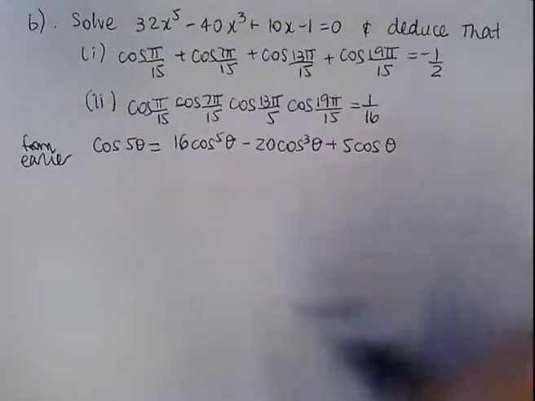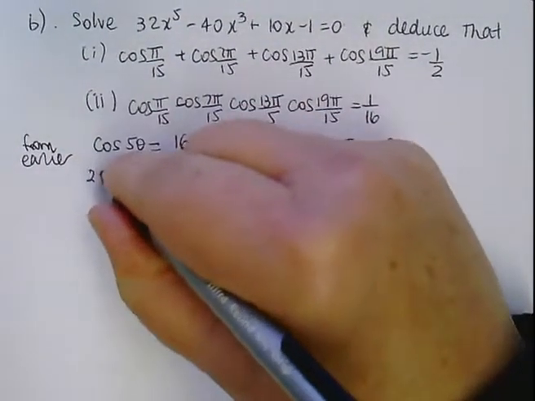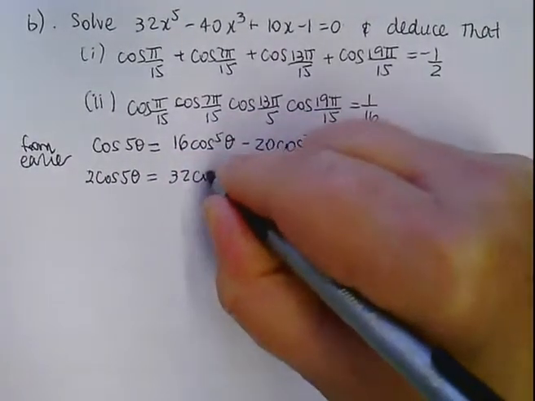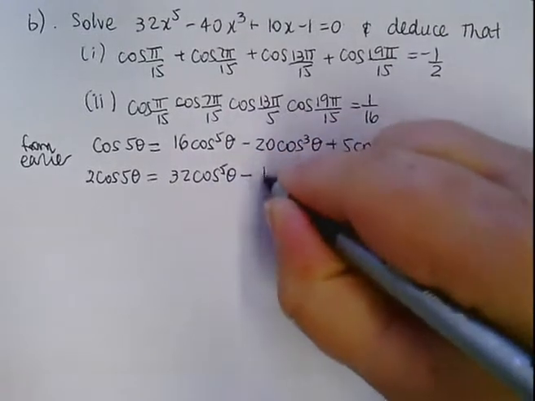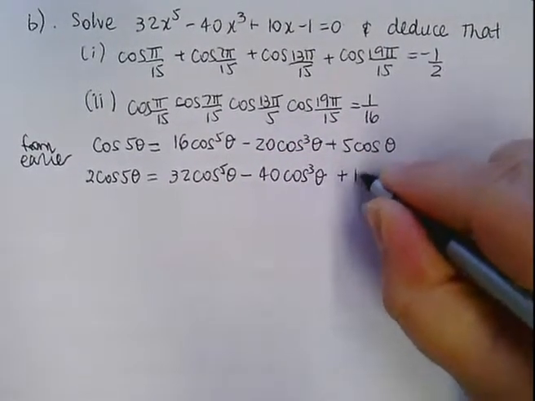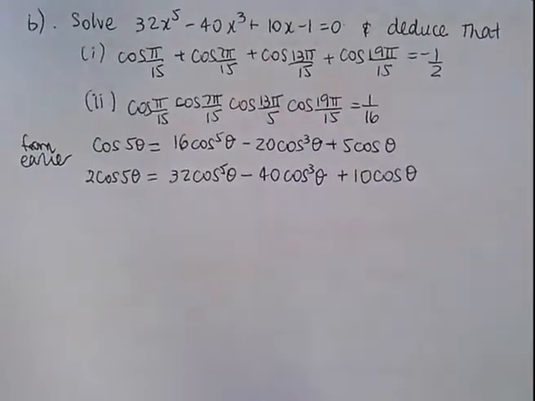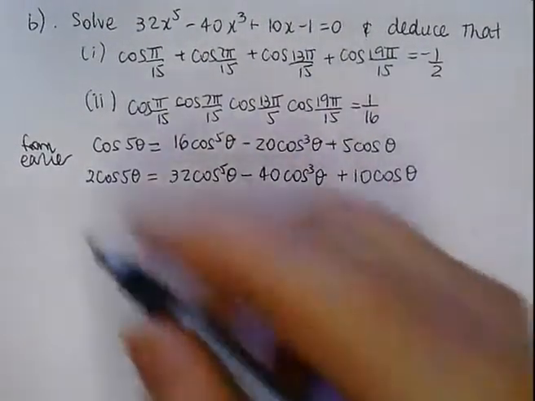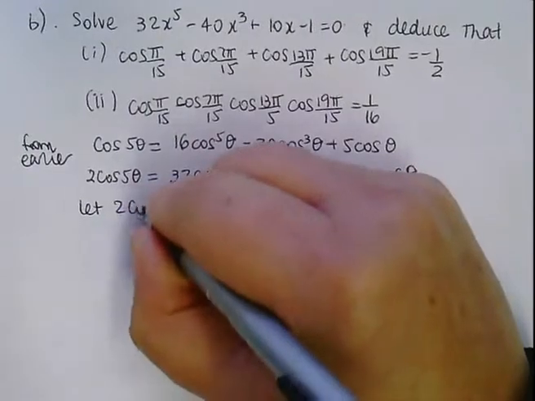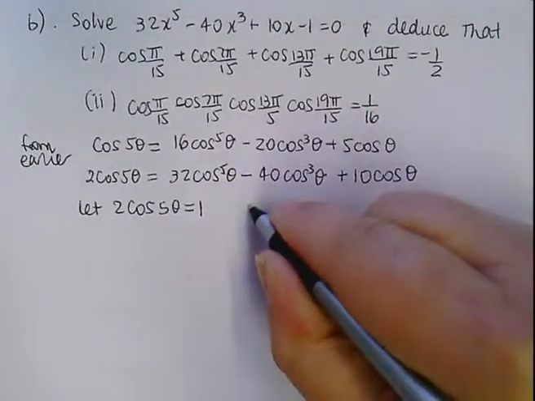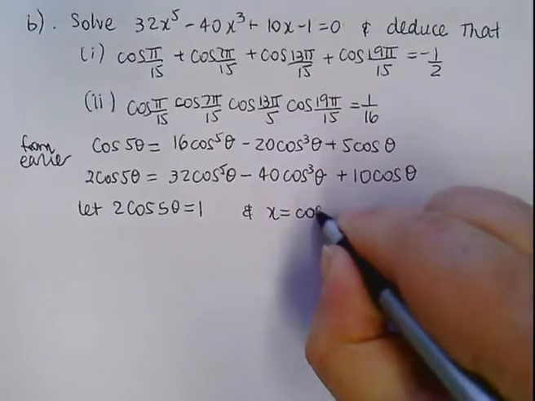So if we multiply through by 2, we've got that 2 cos 5θ equals 32 cos to the power of 5 θ minus 40 cos cubed θ plus 10 cos θ. So, trying to solve this equation, we let 2 cos 5θ equal 1 and x equal cos θ.